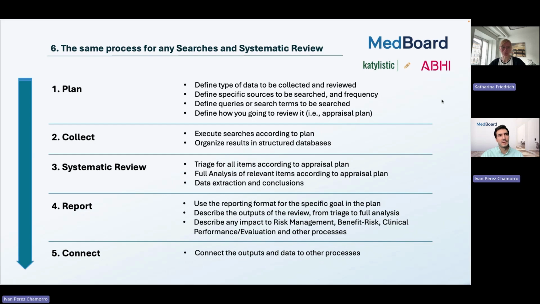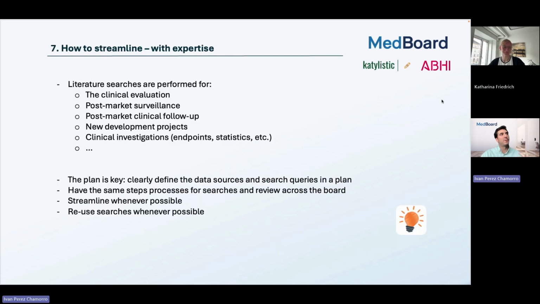Yeah, I agree. So, Katharina, we're talking now about expertise and how to streamline. Share with us what the key areas are that you think about when you face these searches, what are you looking into for streamlining those searches?